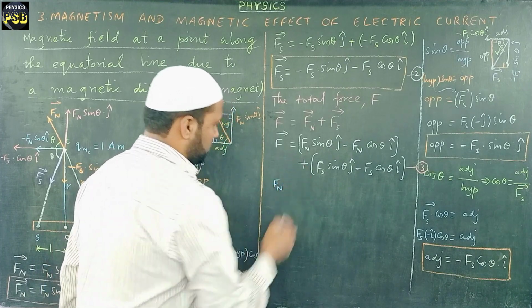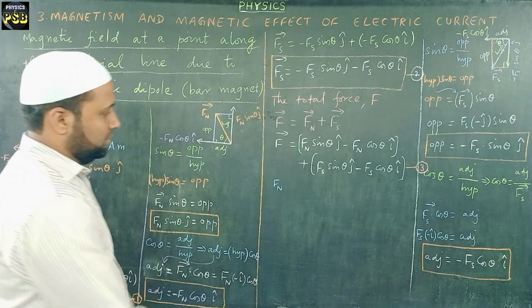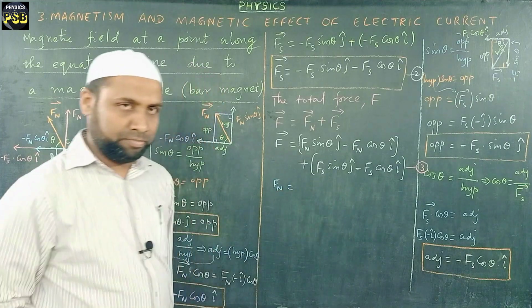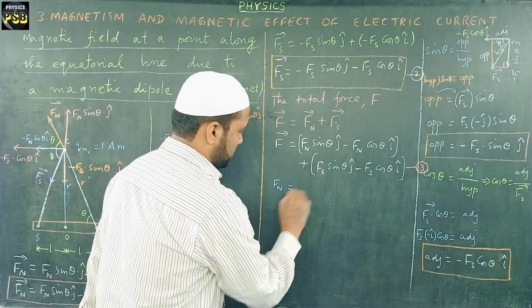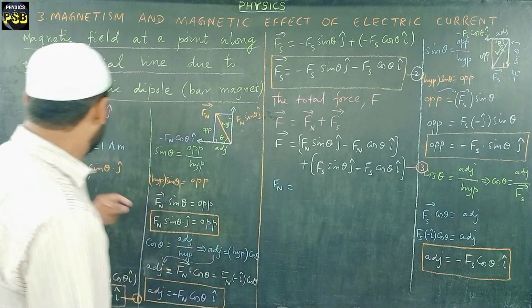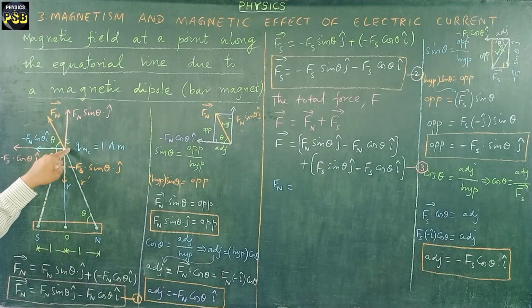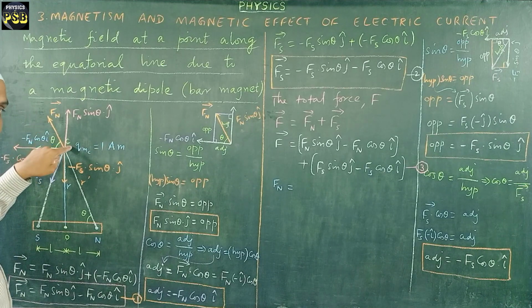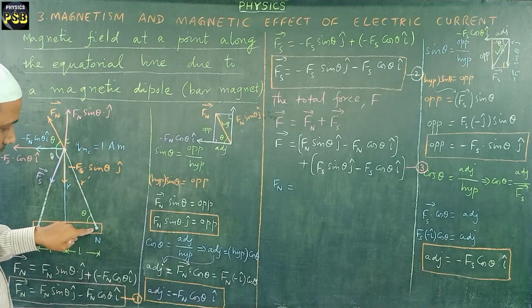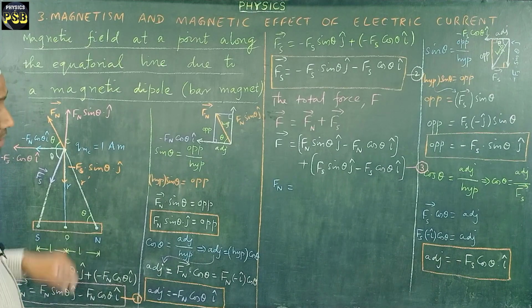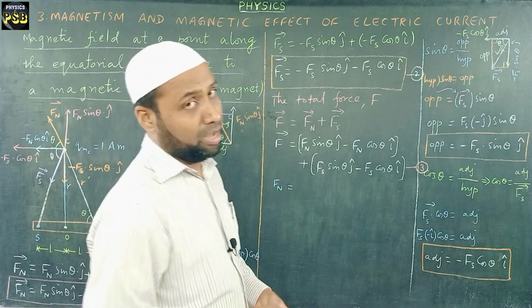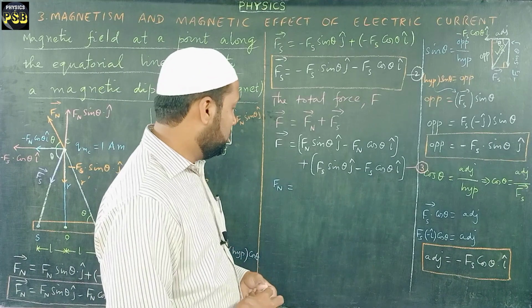The force Fn, the force at point C due to the unit north pole and the north pole of the magnet, can be obtained with the help of Coulomb's law.